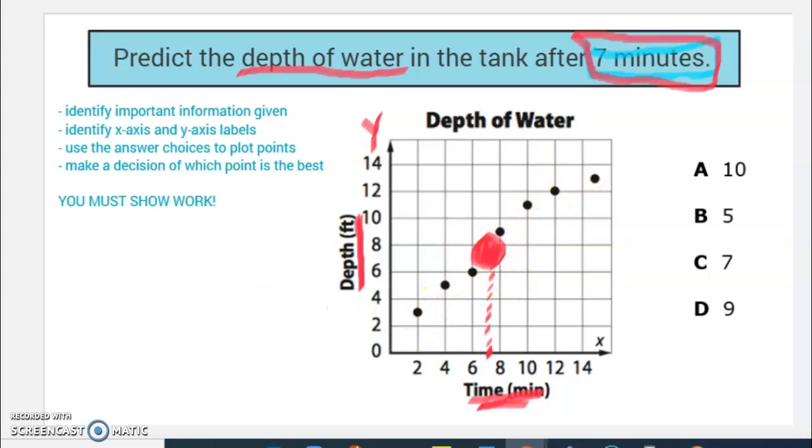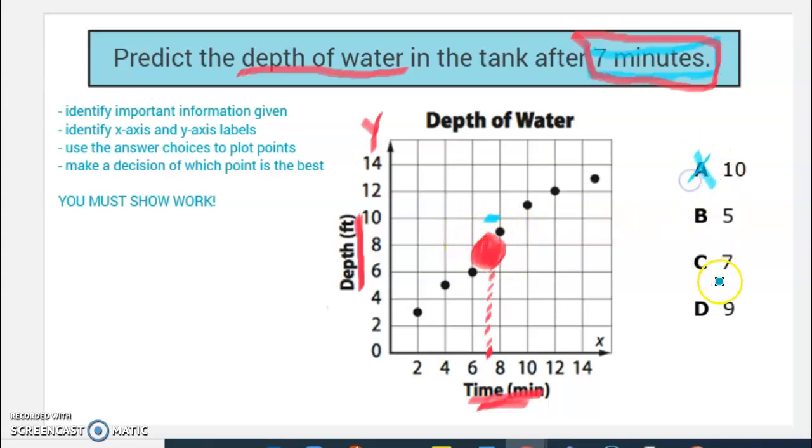Okay, so now we're going to use our answer choices to see if they land in the circle that I colored. So let's see answer choice A. Remember, these are talking about the depth of the water, so that's why I have to go to my y-axis now. If I'm at 10 and I move over to my points, 10 is way too high for what I want to talk about. I want to talk about this red part right here.